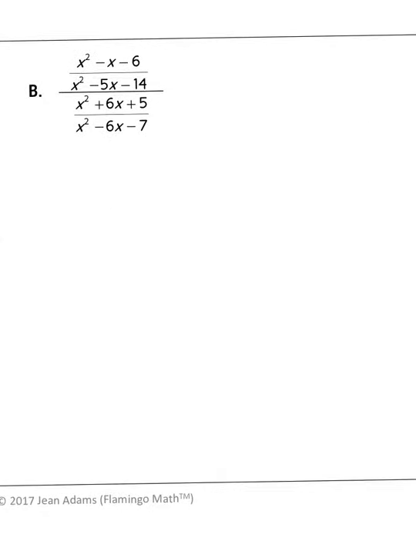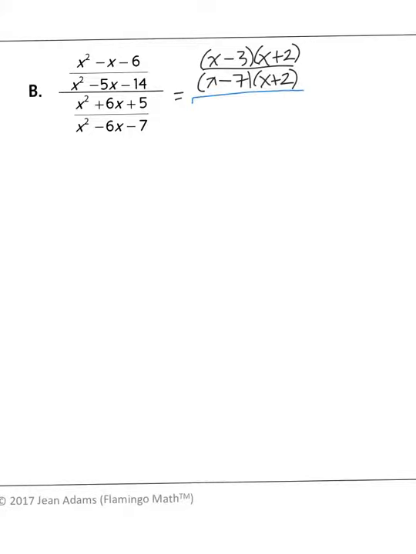So B doesn't even require an LCM because it's one fraction over a fraction. So you just have to factor, factor, factor, factor. So that's what I'm going to do. I'm going to start by factoring. So my numerator would be x minus 3, x plus 2, divided by my denominator, x minus 7, x plus 2.